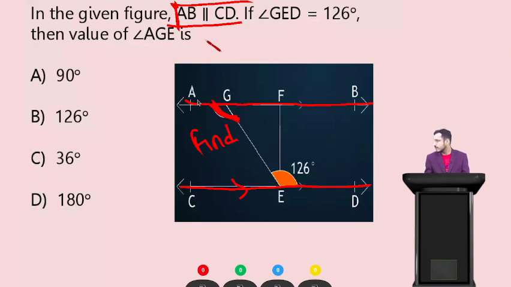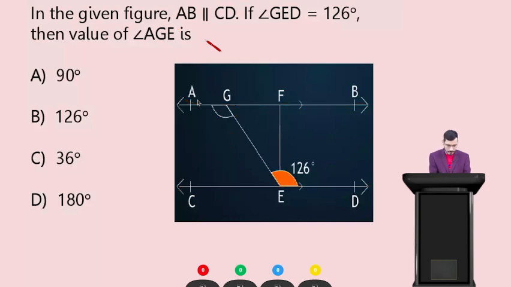Okay, times up, students. The right answer is, you can see the Z formed here. So here angle A, G and E, and here point D, GED.